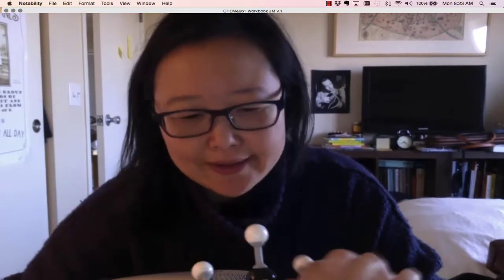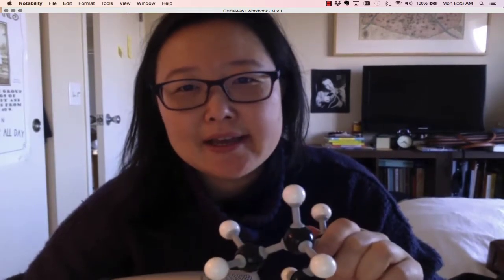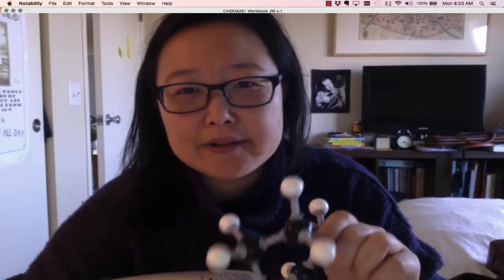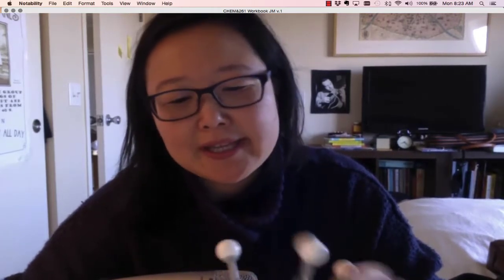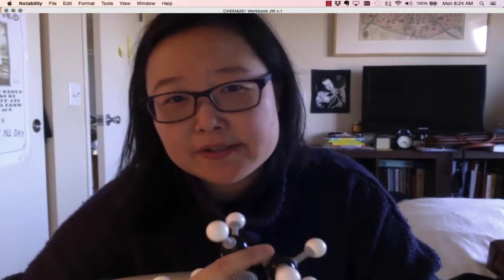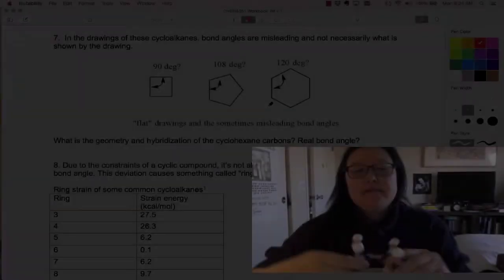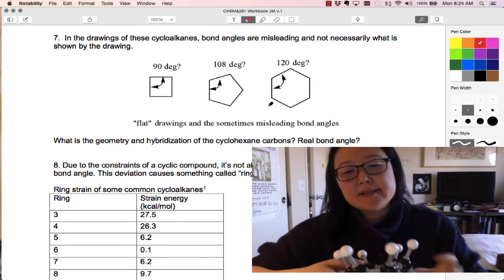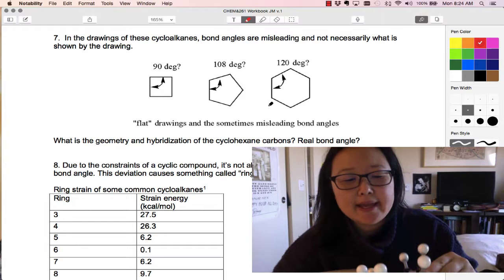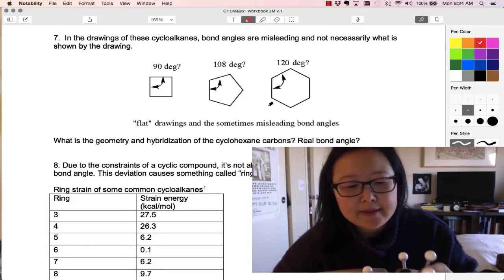But it turns out that of these, you have a pretty good bond angle here. Even though it looks like 120 on paper, it actually is 109, very close to 109.5. And the reason it's not 120 is, again, because of the folding. That allows my atoms to have a better bond angle.